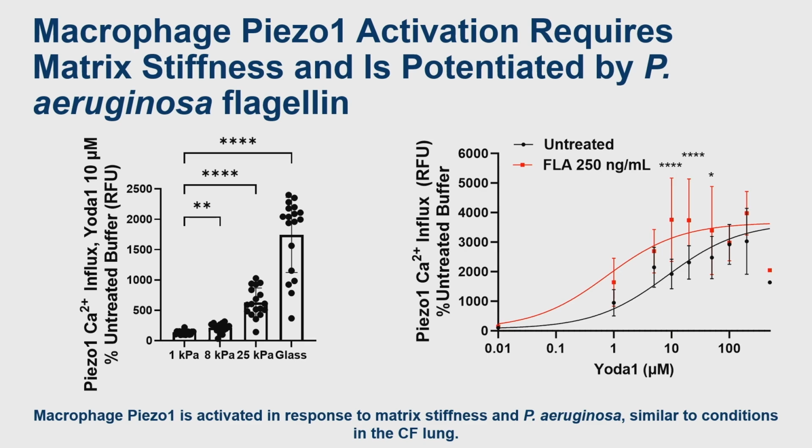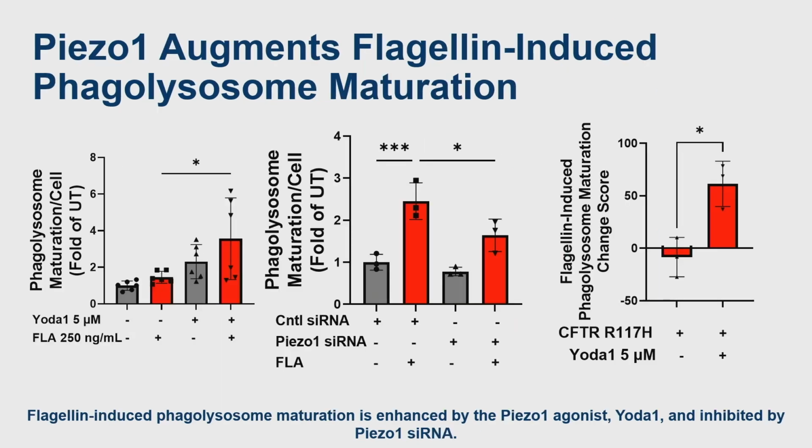So next we wanted to see what is the biological relevance of piezo-1 activation. And so we activated macrophages, bone marrow-derived macrophages, using YOTA-1 and treated them with and without flagellin. And we saw that in the flagellin-treated bone marrow-derived macrophages, treatment with YOTA-1 increased phagolysosome maturation.